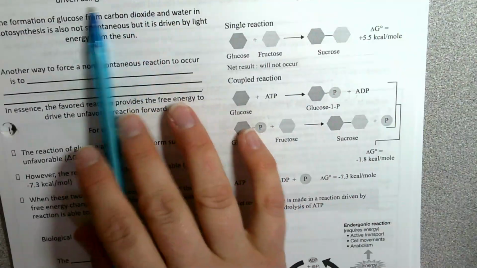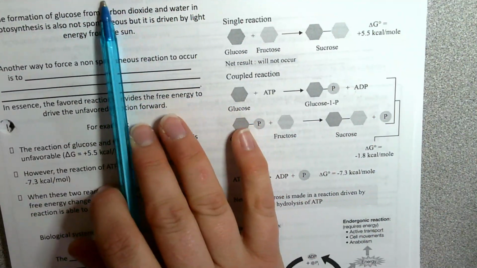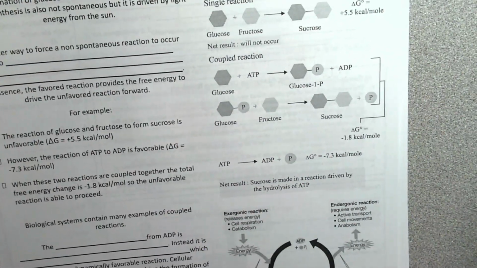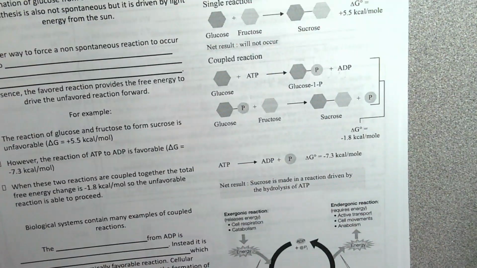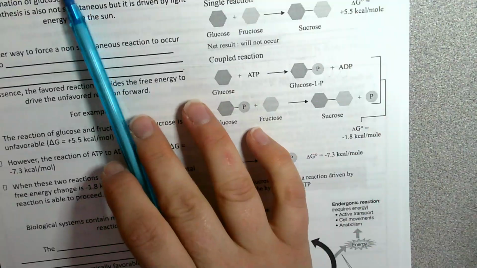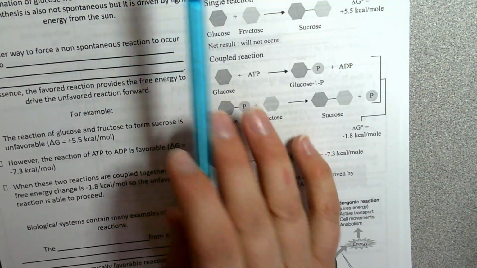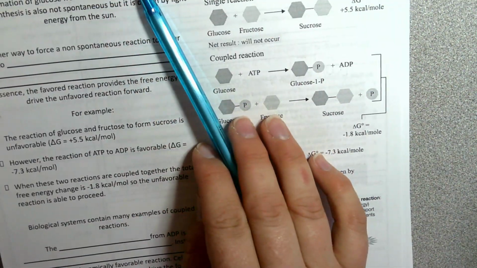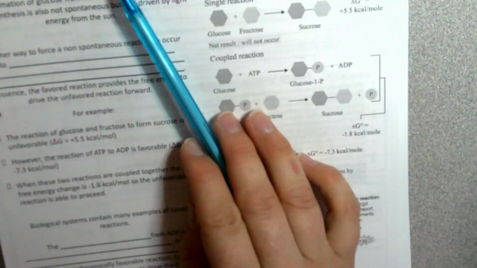An example is the decomposition of water. If we just set water right out, it's technically at equilibrium. It's going to autoionize, but it's not going to decompose into hydrogen and oxygen. We have to use electricity to force that reaction to occur.